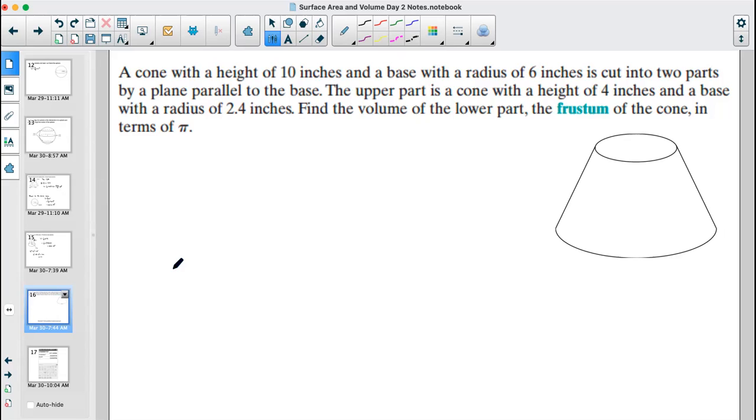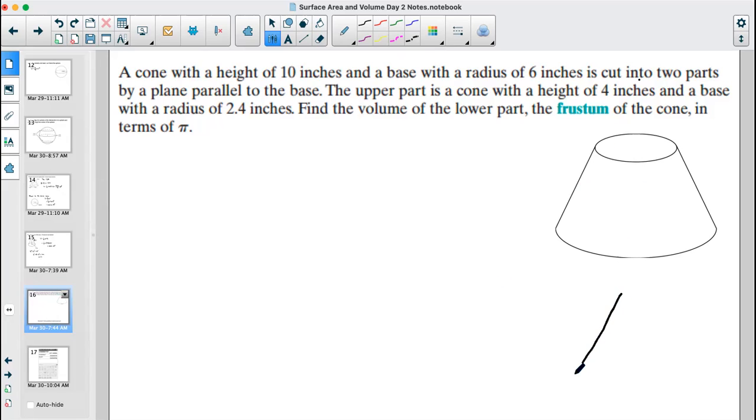Basically, the best way to think about it is that this cone originally had a height of 10 and a base with radius 6, and then they chopped off the top of it. And what's left is the frustum. That's what they want us to find the volume of. So you take the volume of the original cone and subtract the volume of the piece that was chopped off, and what's left is this thing here.